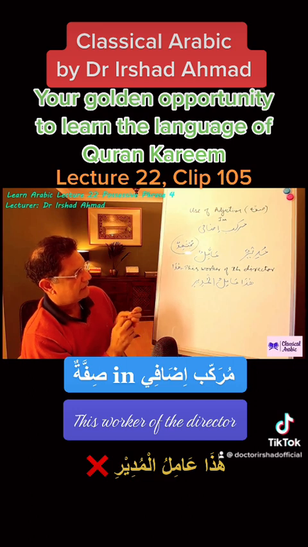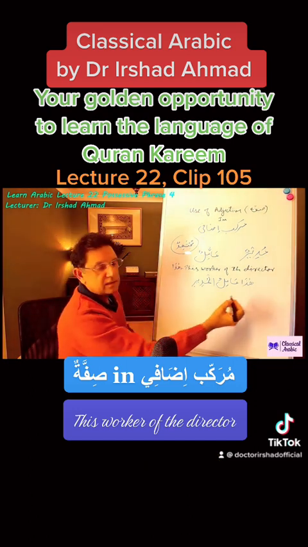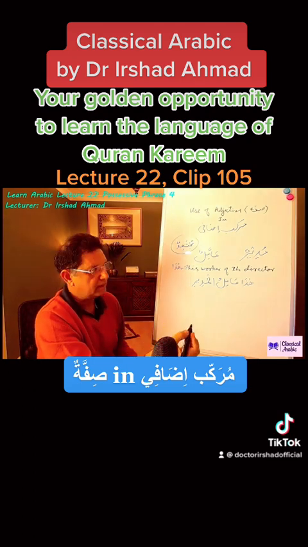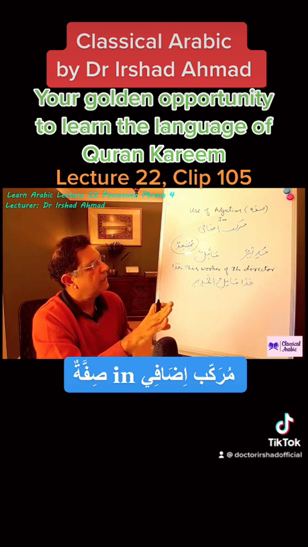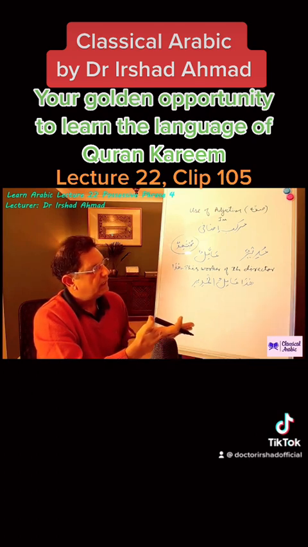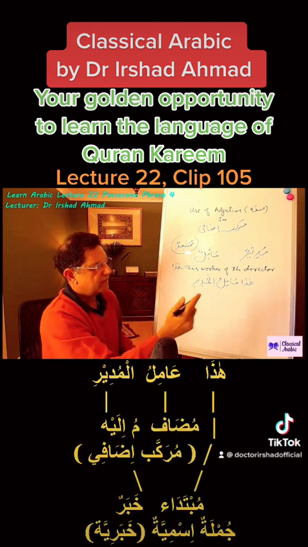The reason for that is when we bring haza at the beginning, then haza being the starting point becomes mubtada. We know all demonstrative pronouns are definite. Okay, so haza is definite, and haza at the beginning has all the ability to become mubtada.